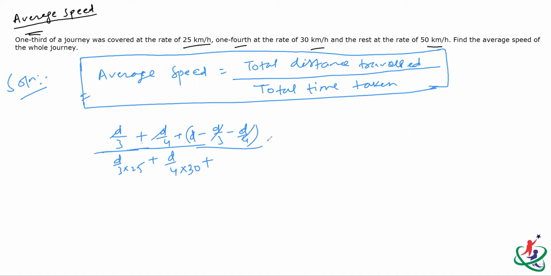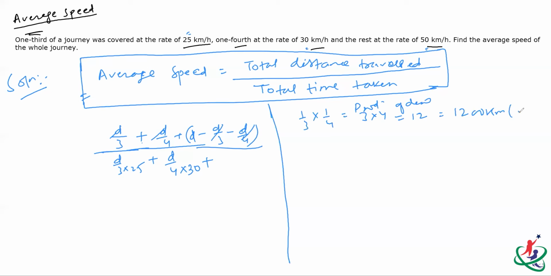To do it fast, we'll apply a smart approach. What is that smart approach? The smart approach says that you can take the product of the denominators, like 1/3 and 1/4, take the product of the denominators, that is 12, and take a bigger number than this because you can see the speeds are 25, 30 and 50. So assume the total distance is 1200 kilometers.